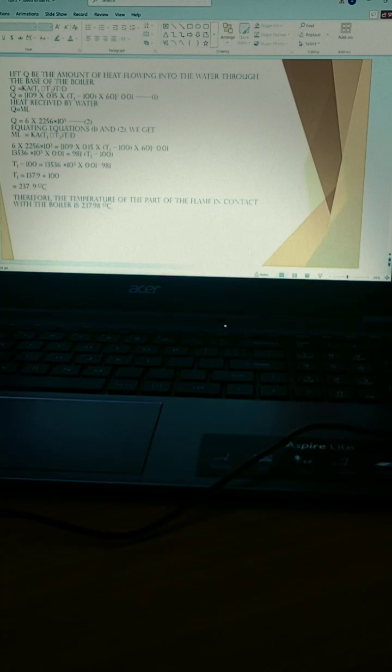So 13536 × 10^3 × 0.01 = 981 (T1 − 100). T1 − 100 = 13536 × 10^3 × 0.01 / 981. So T1 = 1379 + 100. So the answer is 237.9 degrees centigrade. Therefore, the temperature of the part of the flame in contact with the boiler is 237.98 degrees centigrade.